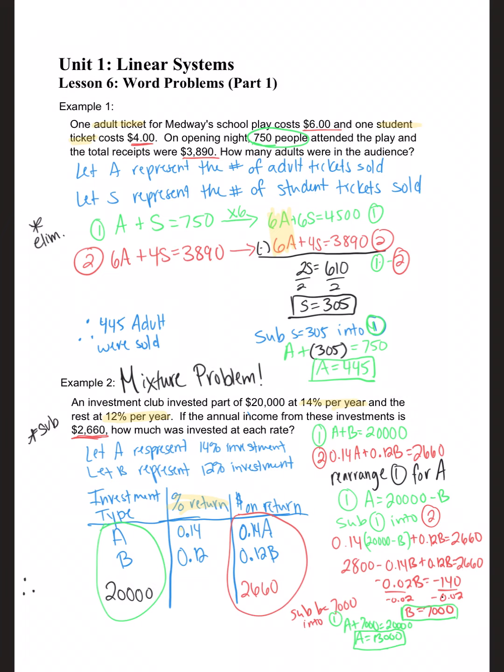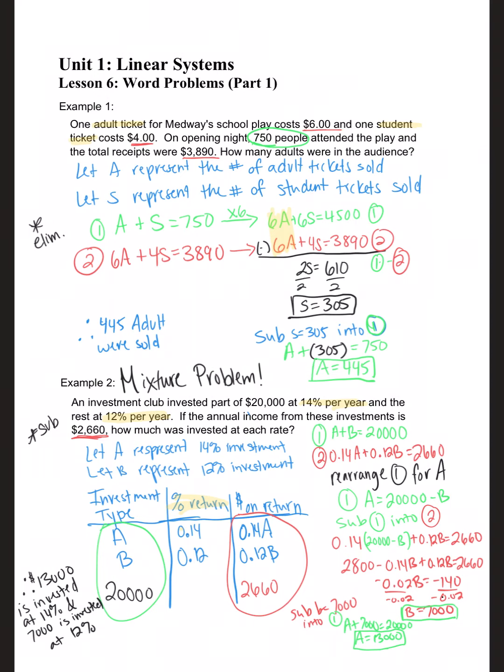So therefore, we can say that $13,000 is invested in type A, so that's at 14%, and $7,000 is invested in type B, which is at 12%. That one is a little squished in there.